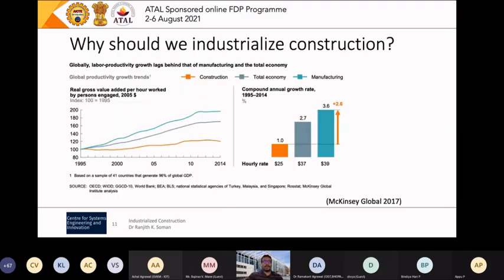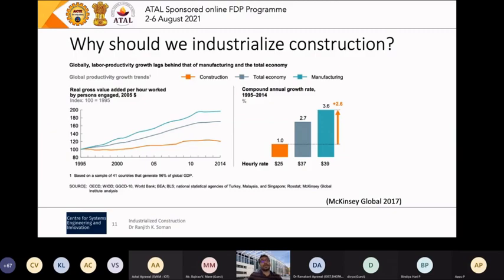A little more about productivity. On the graph on the left, you can see 3 lines: one is construction, one is the total economy in the world, and one is manufacturing, from 1995 to 2014. The general trend on the total economy of the world is that it almost increased by 50% from 1995 to 2014.